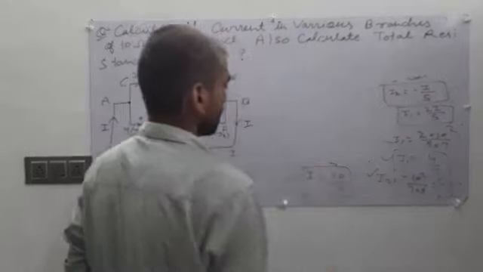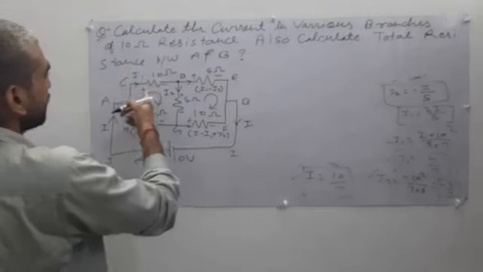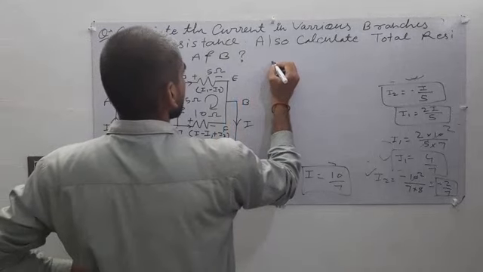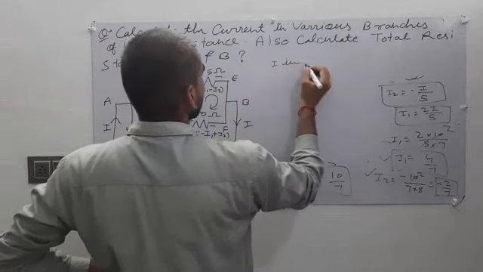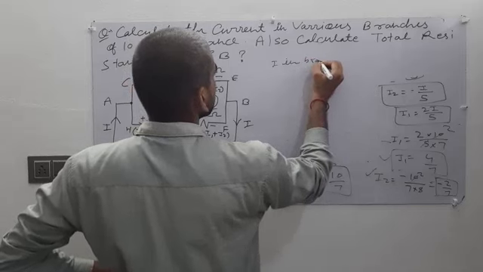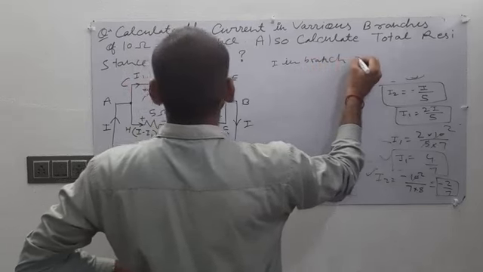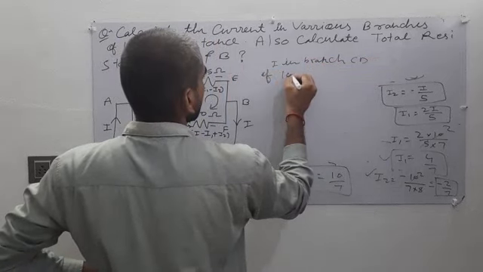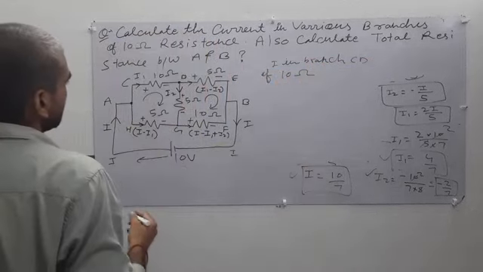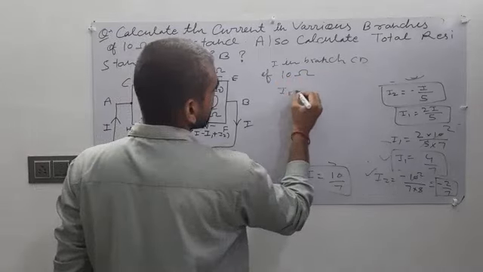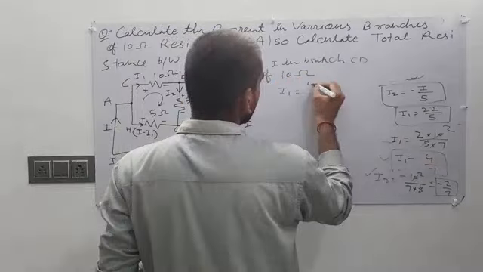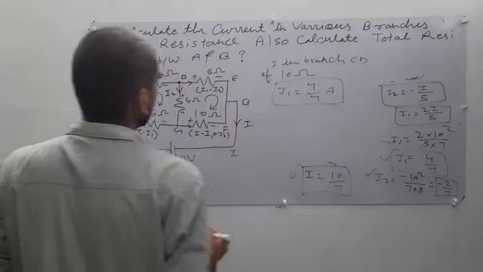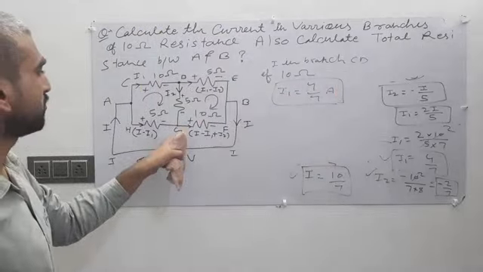Now, what is the current in the 10 ohm branch CD? I1 equals 4 upon 7 ampere. Now, what is the value of current in branch GF?